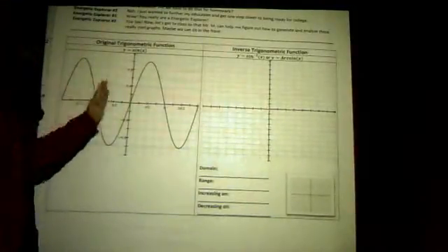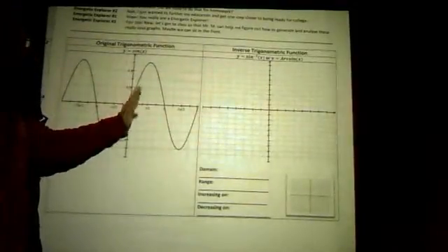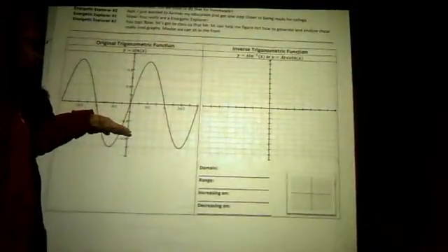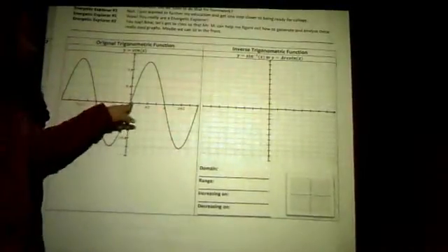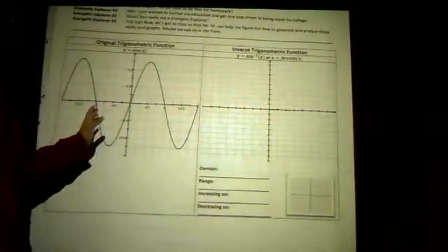From negative pi to 0, let's check if the inverse on this restricted domain is a function. Nope, it hits it twice. So we know that the inverse from negative pi to 0 for the graph of sine is not a function. So we can't say that our restricted domain would be from negative pi to 0.